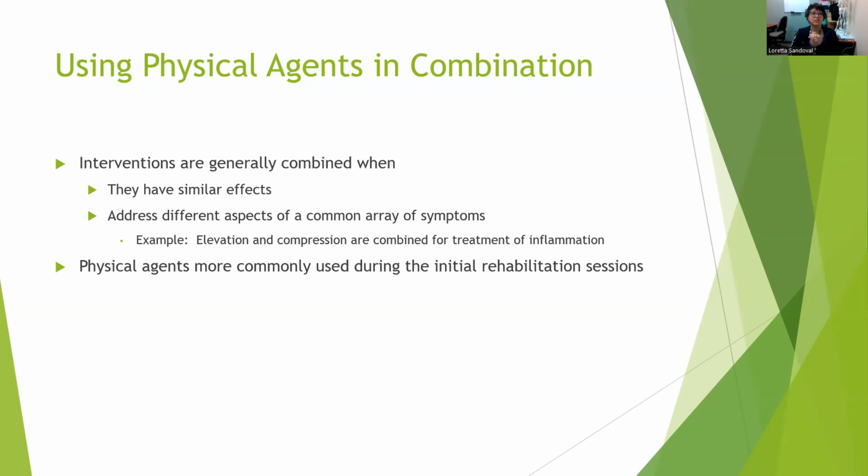That's a good combination. It addresses different aspects of the same symptoms: the compression is increasing the hydrostatic pressure, and elevation is using gravity to help drain the fluid out of the area. So we're combining that for an effective treatment for inflammation.